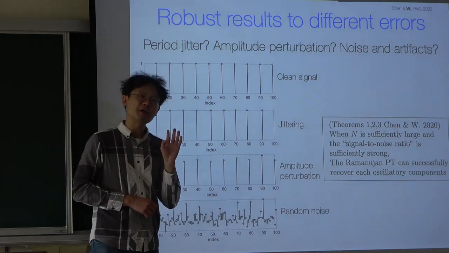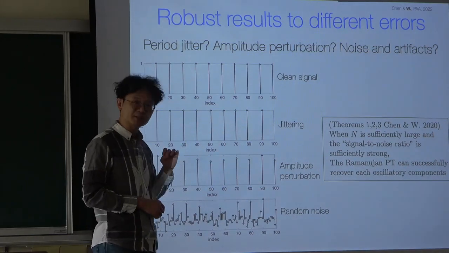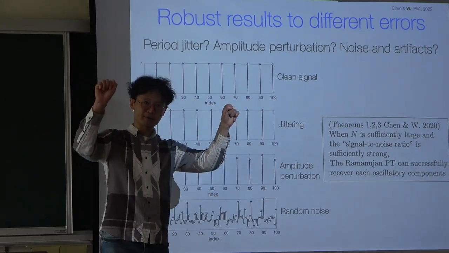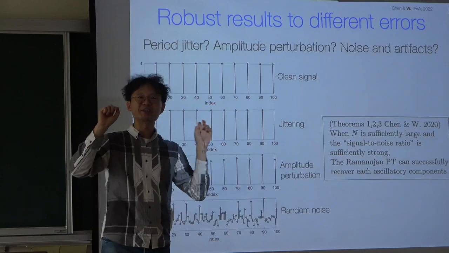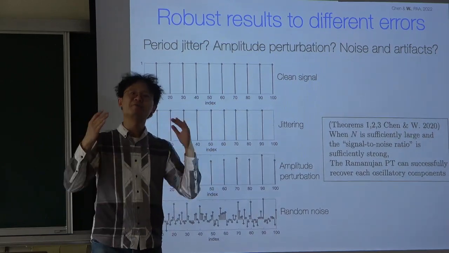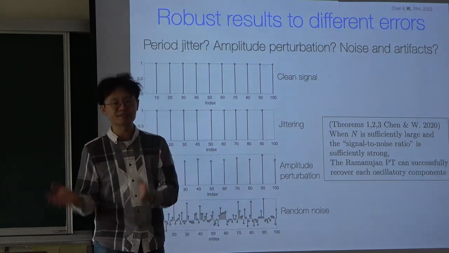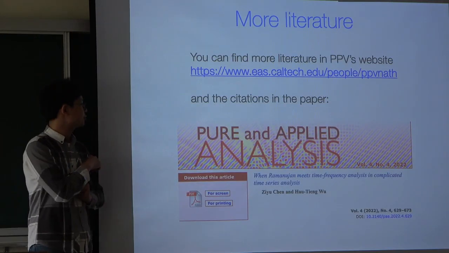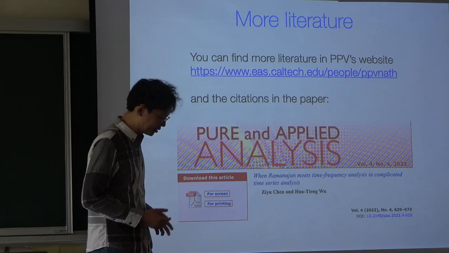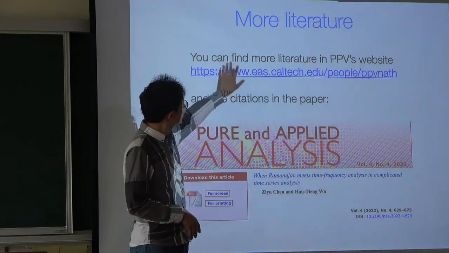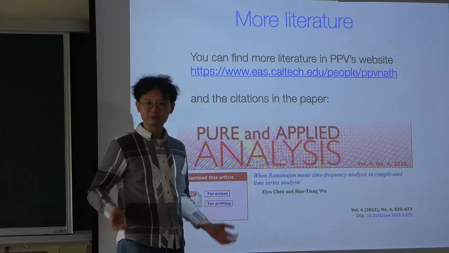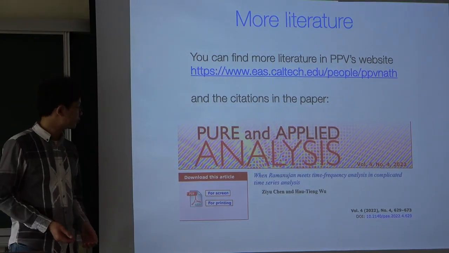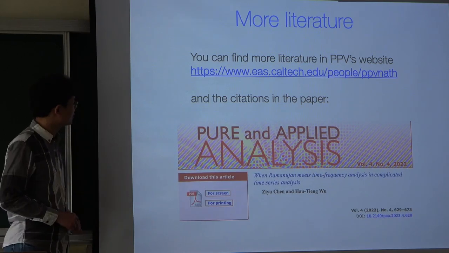Actually, Ramanujan D-shape, or the Ramanujan periodicity transform, is robust to these types of errors or deviations from a fixed period with fixed amplitude. And you can find more literature if you are interested in this topic. For example, PVV has studied this topic for a long, long time. He has a lot of literature and developments in this direction, even in higher dimensional space and so on.